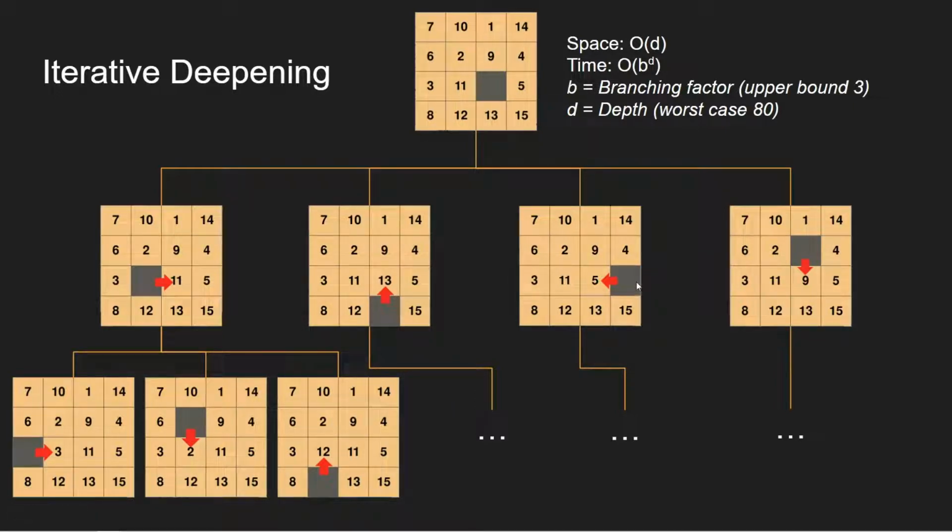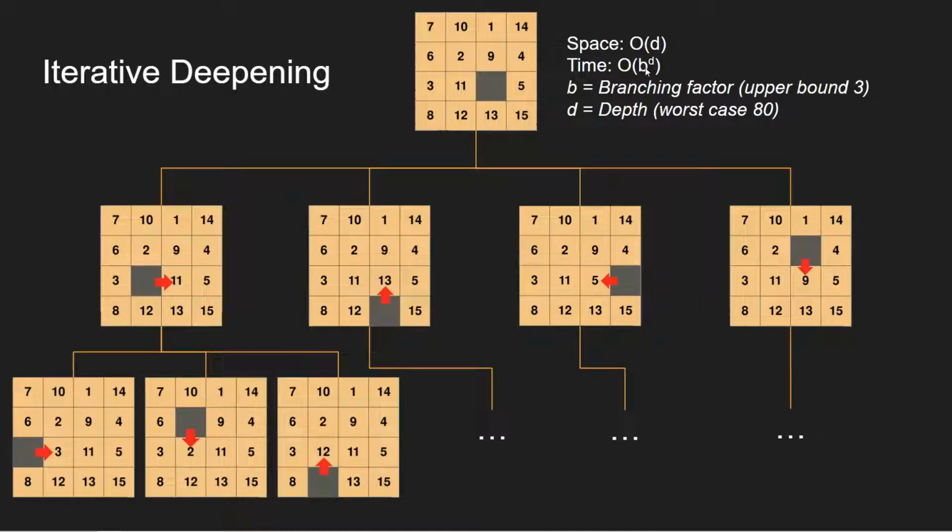That's not the case for edges and corners, but if we take the worst case of 3, and we know that a 15 puzzle, at the worst case, takes 80 moves to solve, that time complexity is too bad to ever finish an iteration of iterative deepening. But we're on the right track because we've solved our space problem.